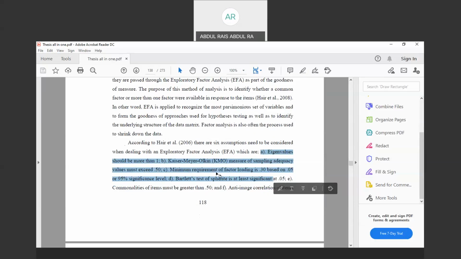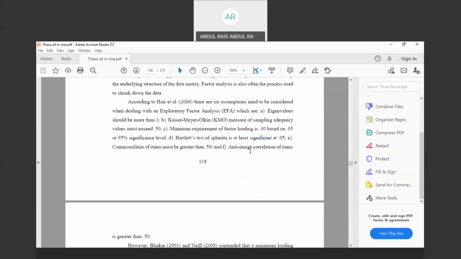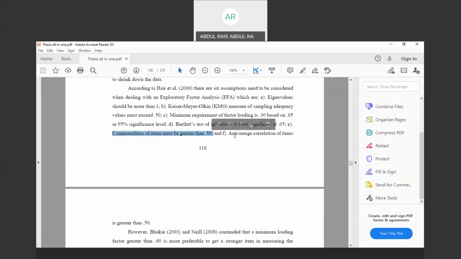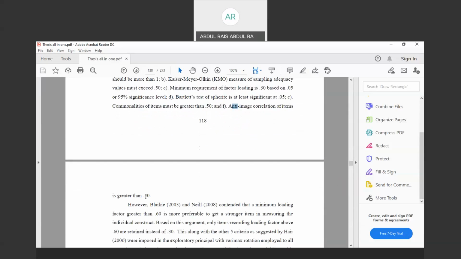Third, a minimum loading factor requirement of 0.3 based on a 0.05 or 95% significance value. Fourth is Bartlett's test of sphericity, which must be significant at 0.05. Fifth, communality values must be greater than 0.5. And lastly, anti-image correlation greater than 0.5.